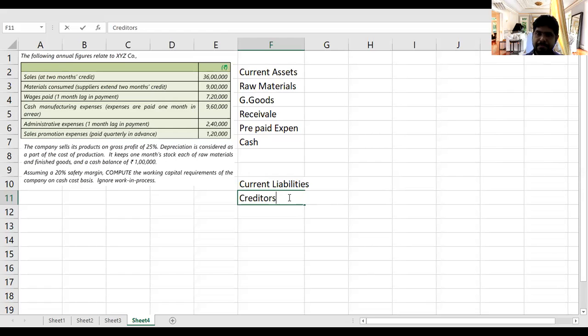Creditors, how much credit? Yeah, creditors, and what are those? Wage payable, admin expense payable, and what else? Right. So these are the things very important to keep.